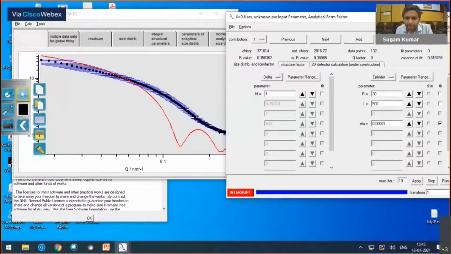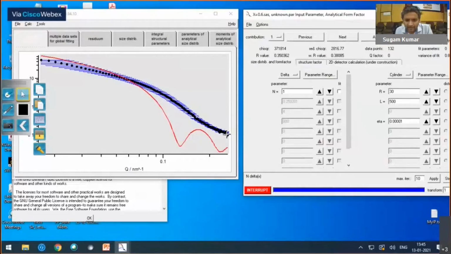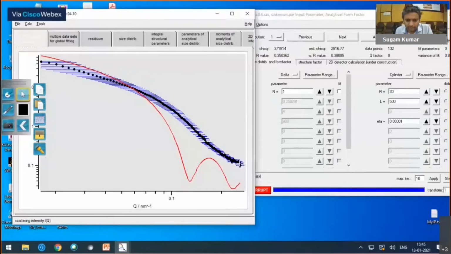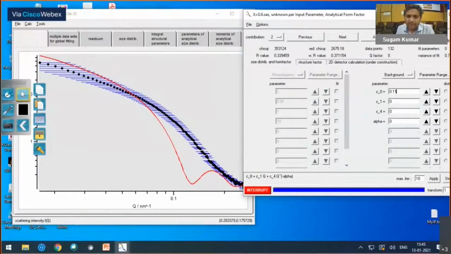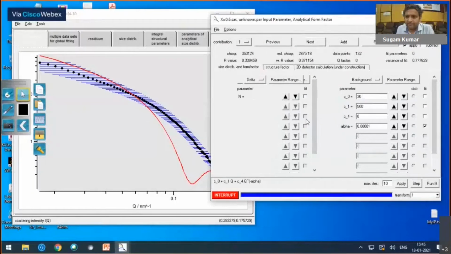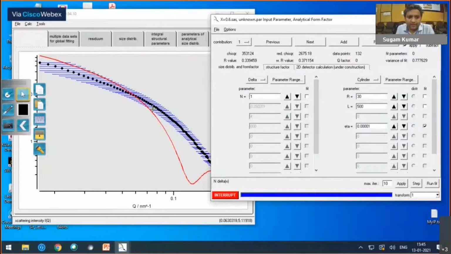Again, we will fix this background. Background is 0.11. Something like this. To me, this red curve, which is the theoretical one, is quite narrower. So maybe this rod is even smaller.